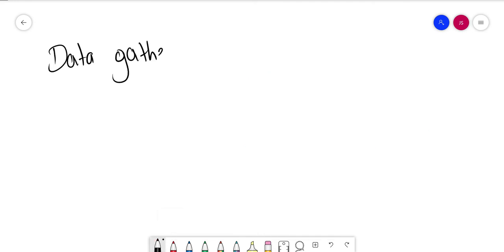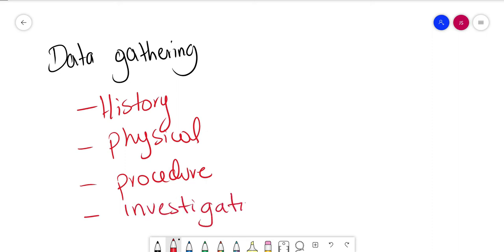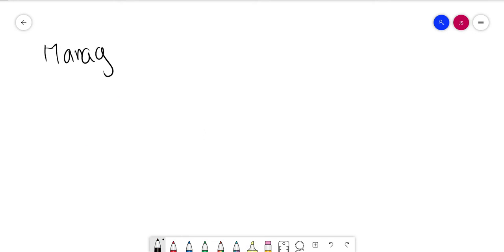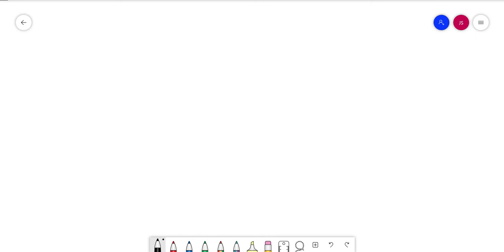Now, data gathering is all about history taking, whether you're performing a physical examination, you're undertaking a procedure, or you have to list investigations you want to perform. If you're thinking about management, they're going to be assessing whether you know the diagnosis, you're able to explain the diagnosis to the patient, or explain something else, and you're able to create a management plan for your patient.